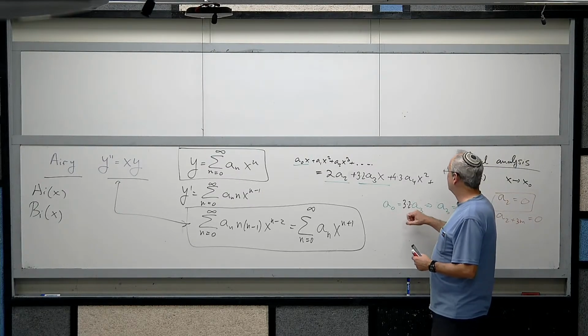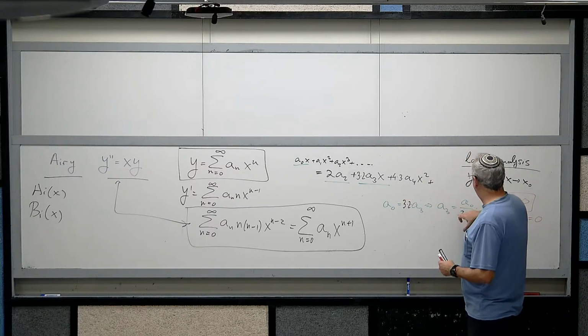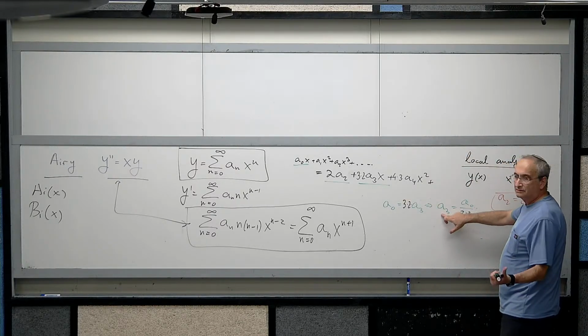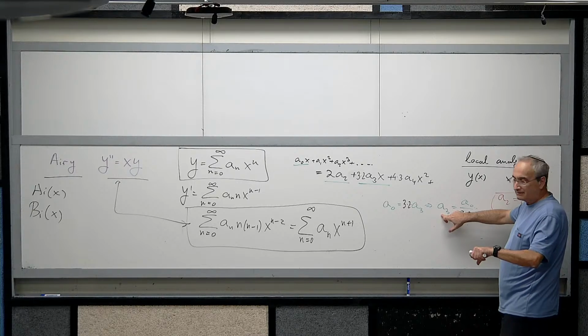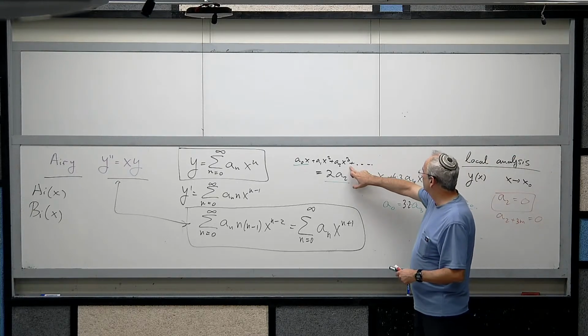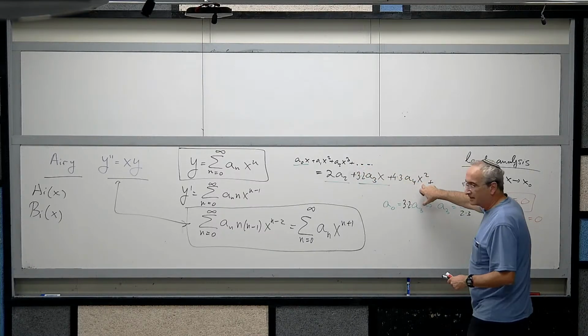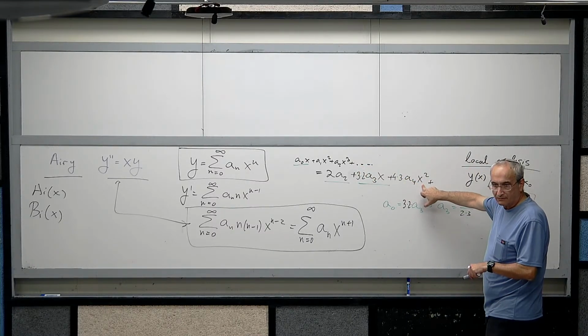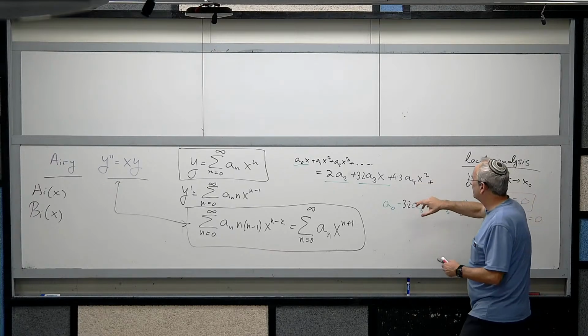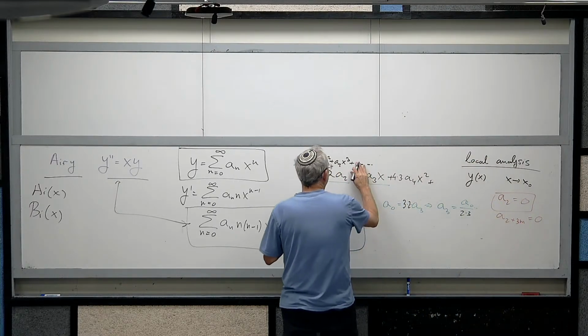Okay? Now, as we discussed, a6 will depend on a3, right? Because now a3 here will be the coefficient of x to the 4, and a6 here will be the coefficient of x to the 4, right? So we can even write it, it's the next term.